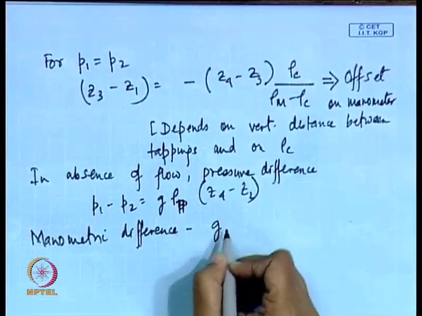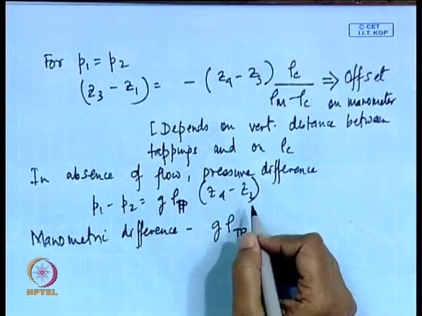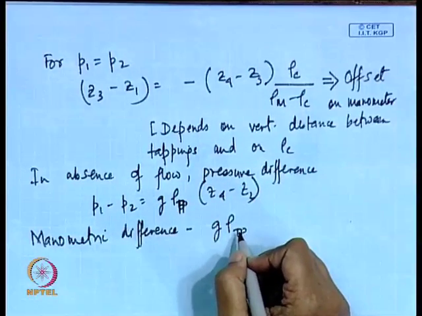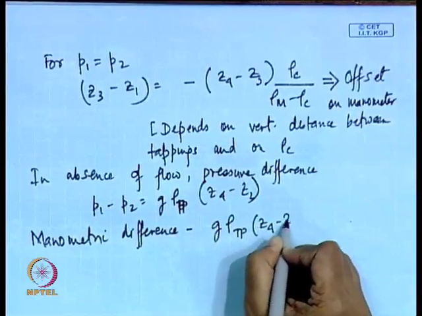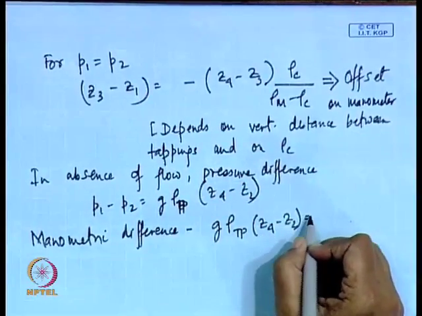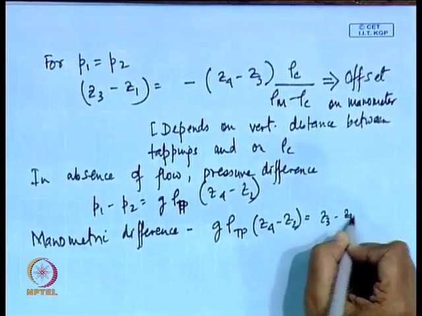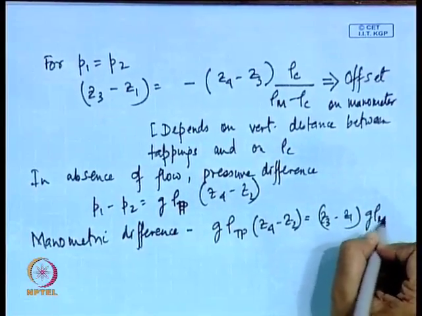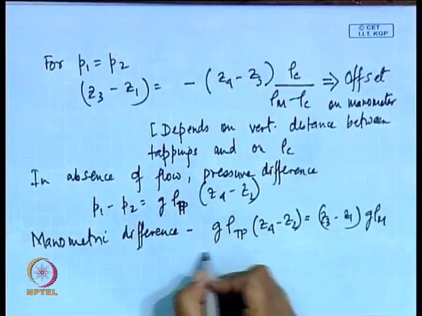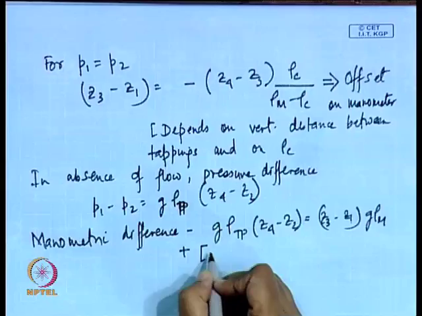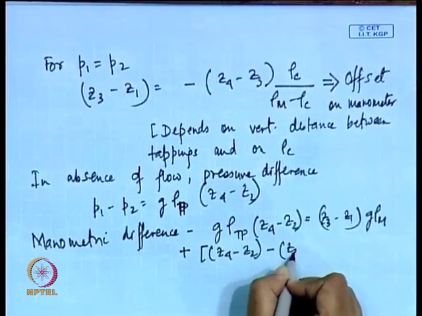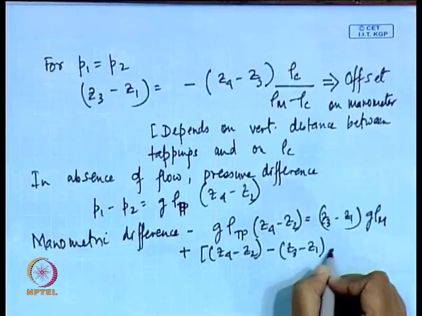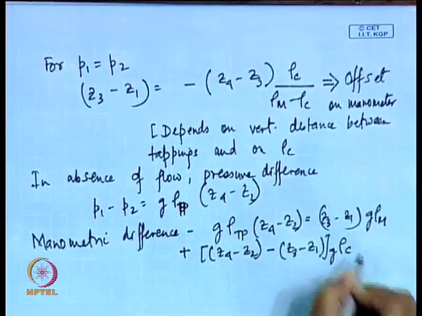So, for finding out the manometric difference, what do we do? It is g rho Tp Z4 minus Z2, this is equal to Z3 minus Z1, the manometric difference, plus it should be Z4 minus Z2 by, just do the derivation once, it is going to be clear to you, into g rho C.